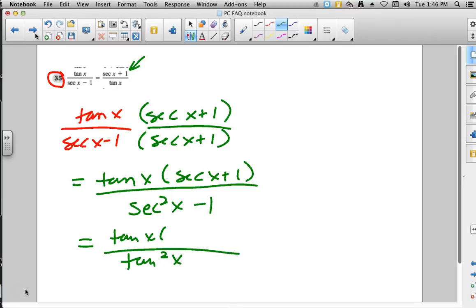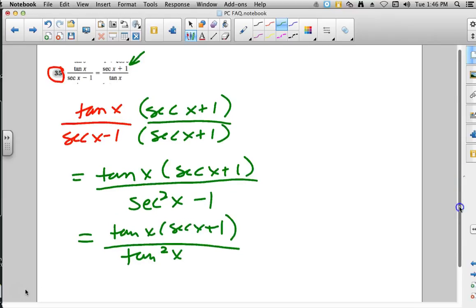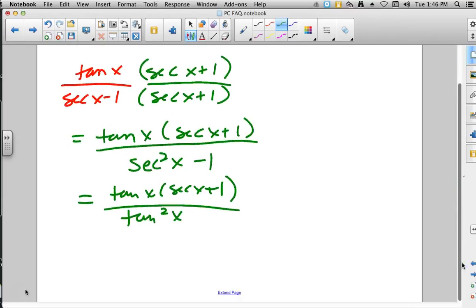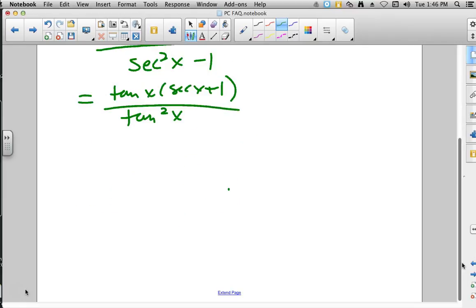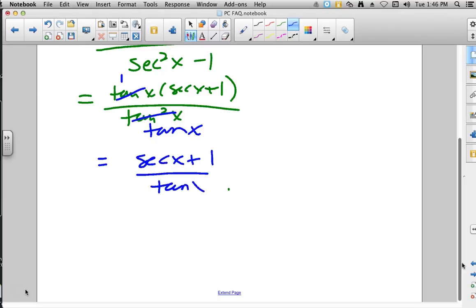And now things are falling into place, because I see that I have a tangent in my numerator and my denominator that can be canceled out. And that leaves me with the secant of x plus 1 all over the tangent of x. And that is exactly what I wanted to get on the other side of that equality.